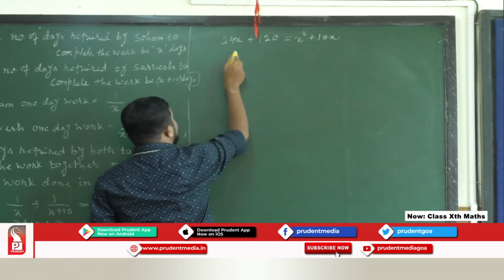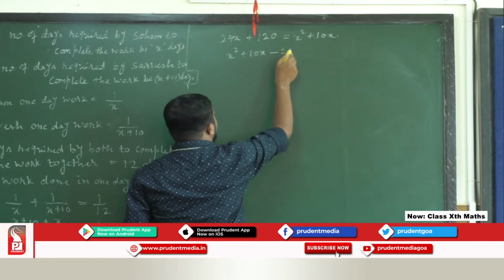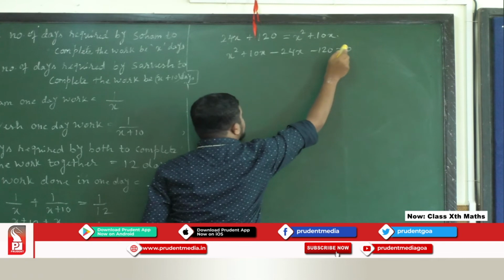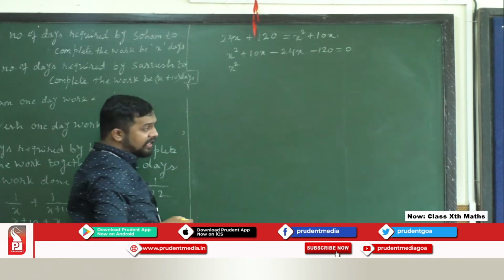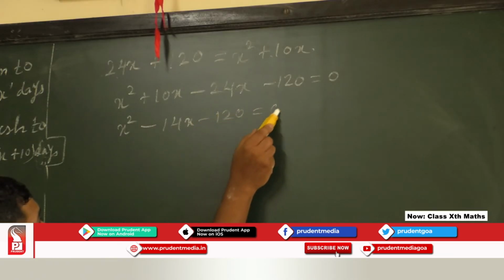So x square plus 10x, take this on the other side, minus 24x minus 120, equal to 0. So x square, minus 24 plus 10 is minus 14x, minus 120 equal to 0.